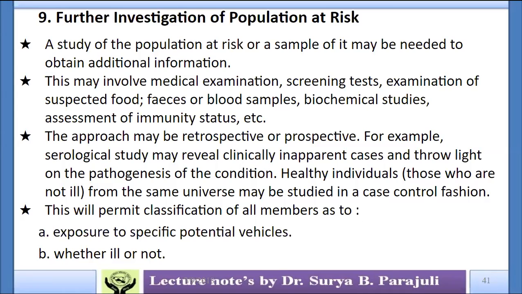See, we have two paths, so you can correlate now with your epidemiology part. Sorry, definition of epidemiology given by John M. Last. Okay, sometimes we need to collect suspected food, feces, blood sample, biochemical studies, assessment of immunity status.